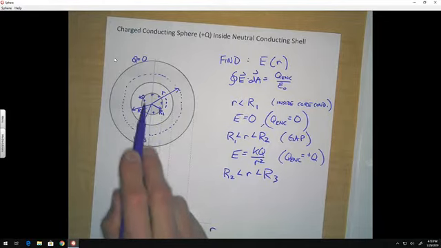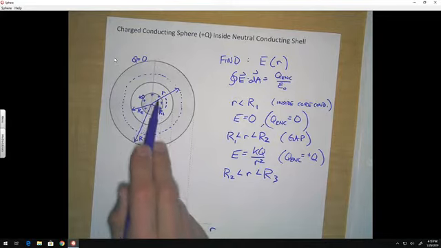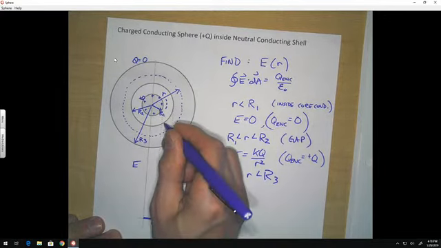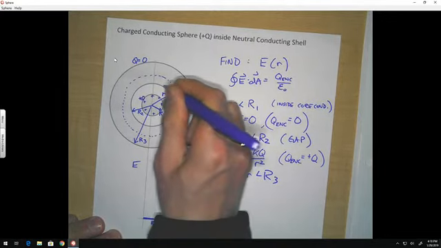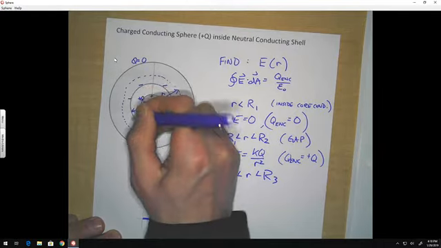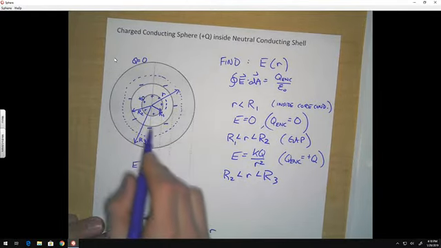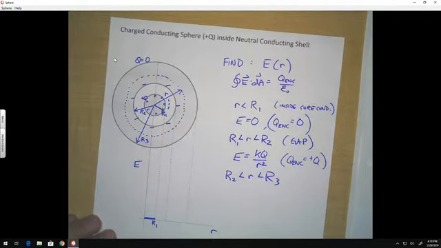These positive charges sitting in the middle are going to attract negatives coming from the shell. And the negatives are going to line themselves up on the inner surface of this shell.